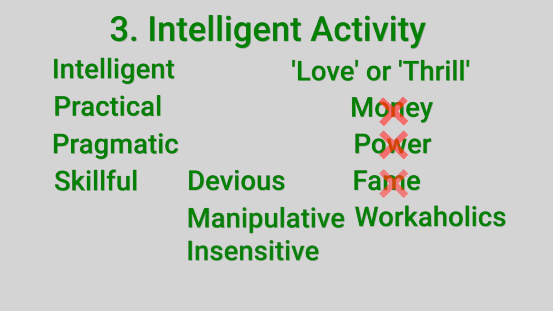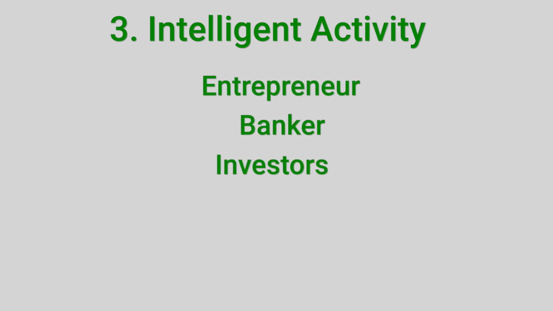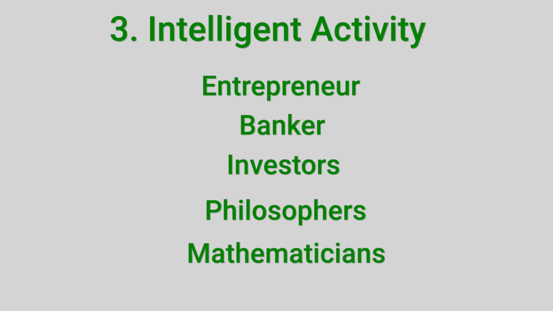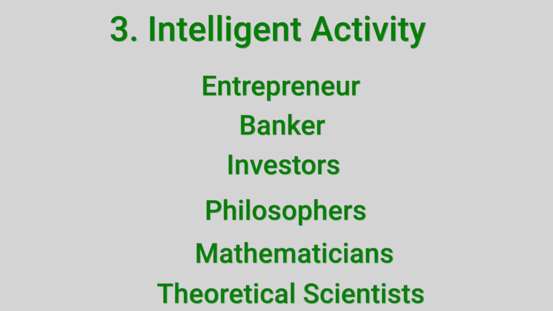If you gave them some advice, it would be to slow down their lives and develop feelings and appreciation for the simpler things in life. Typical professions could be an entrepreneur, bankers, investors, philosophers, mathematicians, and theoretical scientists. Note the word theoretical. They are not the practical type, but they do understand complexity.